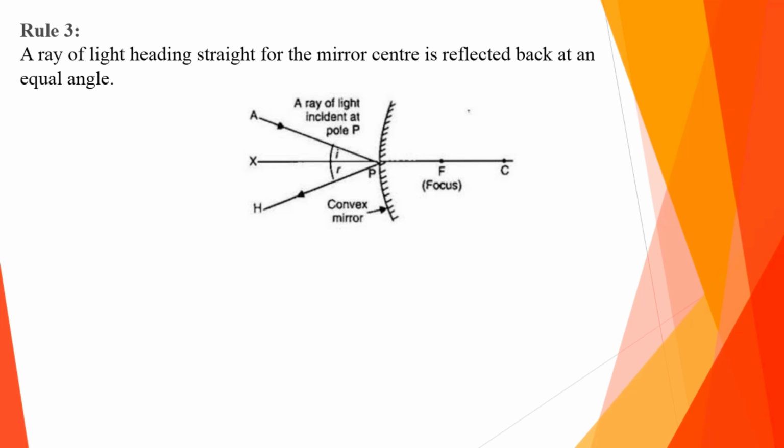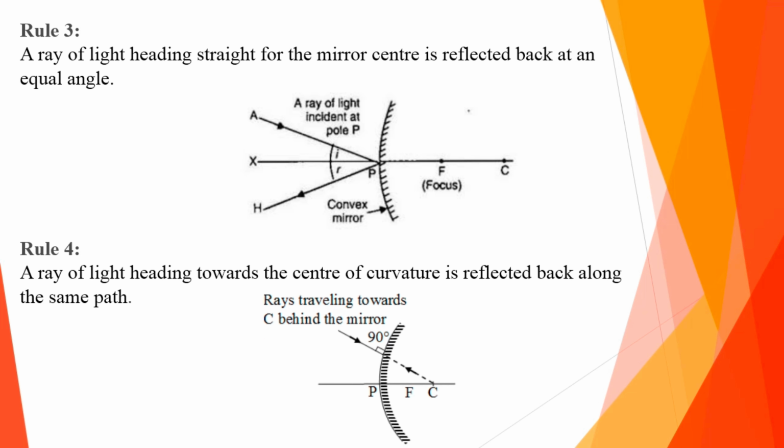So the angle of incidence will be equal to the angle of reflection. And the fourth rule: a ray of light heading towards the center of curvature is reflected back along the same path. So when the ray of light is going towards the center of curvature, that is behind the mirror, it appears to be reflected back along the same path.